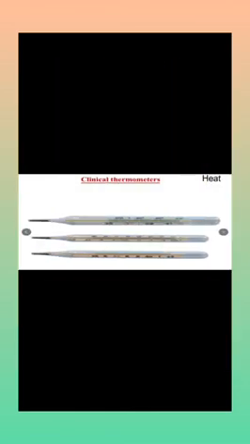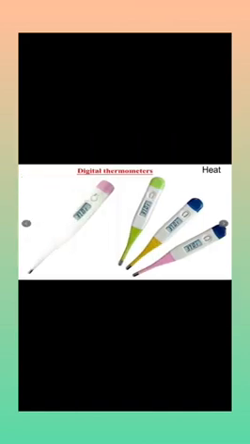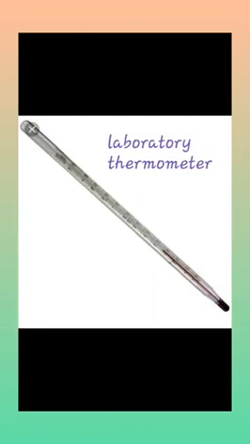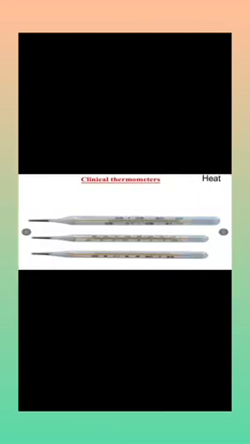So in this picture, you can see the types of thermometer. This thermometer we call a clinical thermometer. And another type is also there: laboratory thermometer. Digital thermometers. And the laboratory thermometer and clinical thermometer we also call mercury thermometers.